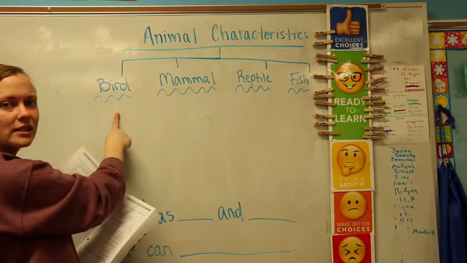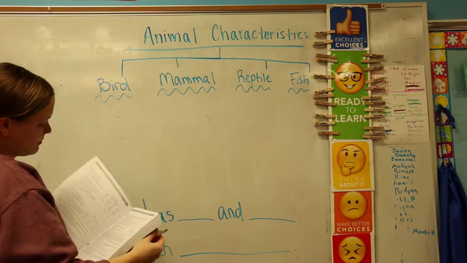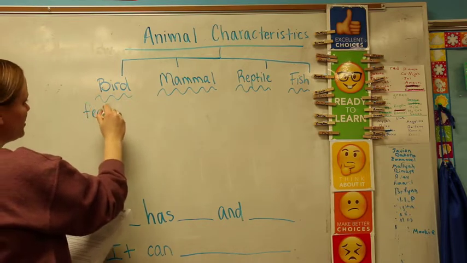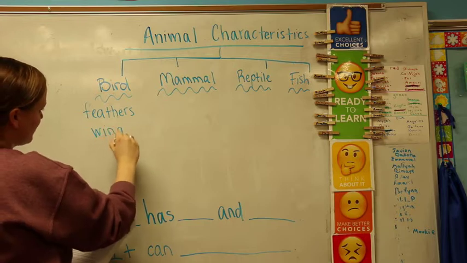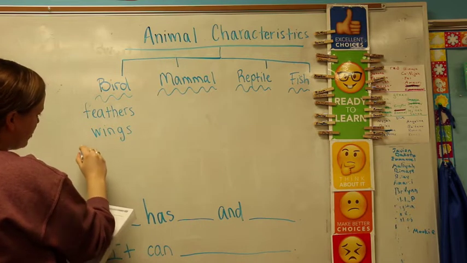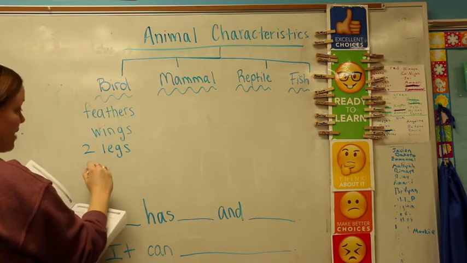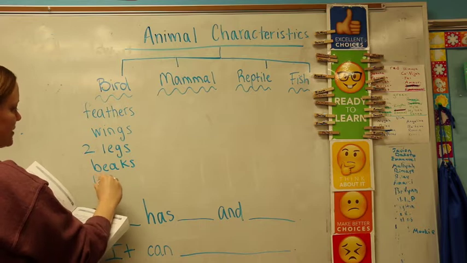What's a characteristic of a bird? Okay, think about it for a second. So birds have feathers, they have wings, they have 2 legs, they have beaks, and they lay eggs.